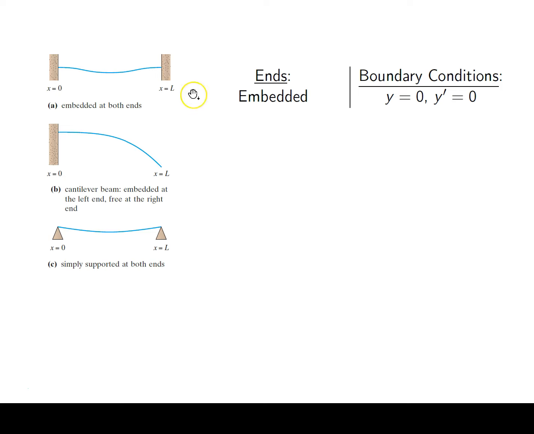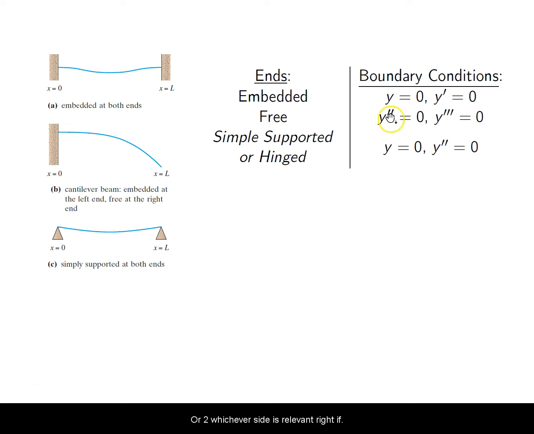If I am free, these are my conditions: the second derivative and third derivative are 0, and again, that is at both ends as well. So you're applying these to whichever side is relevant. If one side is embedded, you use this. If the other side is free, you use this at that side, okay?